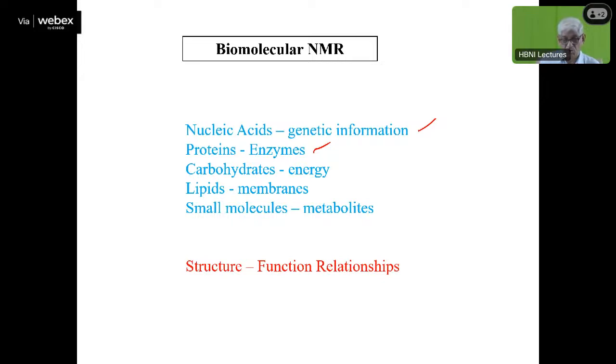Then we have small molecules, the metabolites. Small molecules like ATP, ADP, glucose, and various vitamins. Creatine and phosphates also come in here. All of these things are metabolites. These are also the products generated after the degradation of big molecules like the carbohydrates or any other molecule which is degraded. Then of course it will be forming smaller molecules. These are the metabolites.